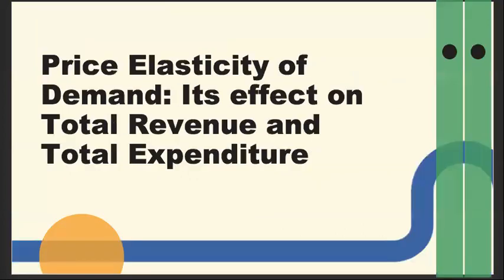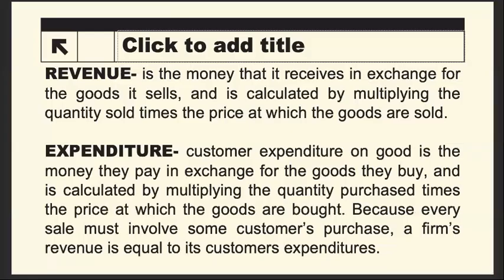Now, let's talk about the price elasticity of demand, its effect on total revenue and expenditures. Revenue is the money that a firm receives in exchange for its goods, and it is calculated by multiplying the quantity sold times the price at which the goods are sold.